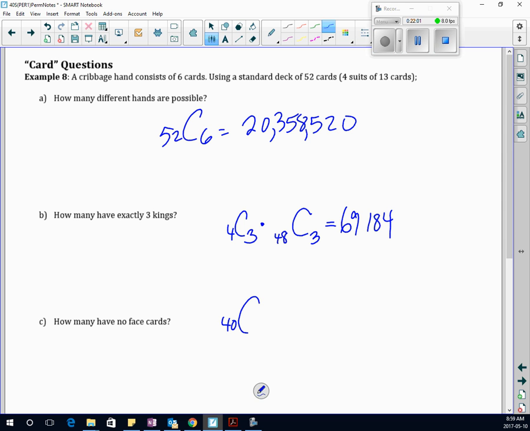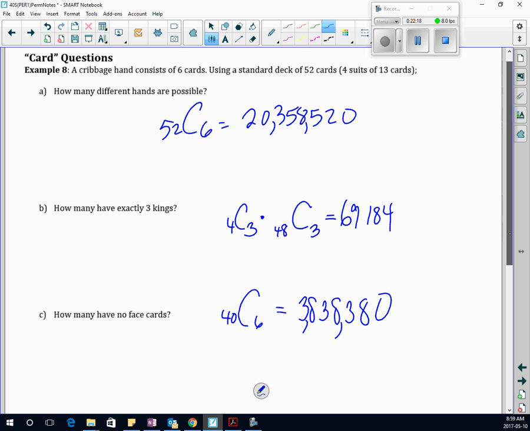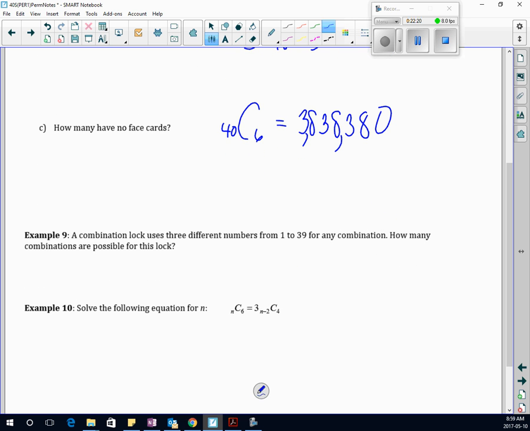No, not 12. A crib hand is only 6. So 3,838,380.